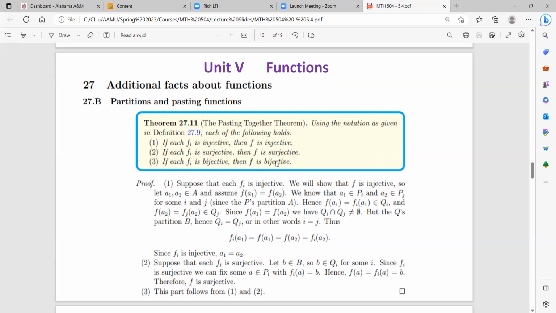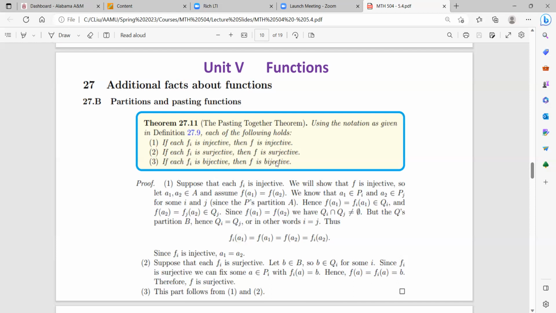So that's pretty natural, right? If all of those component functions have the same property, then it should carry over to the pasting function.